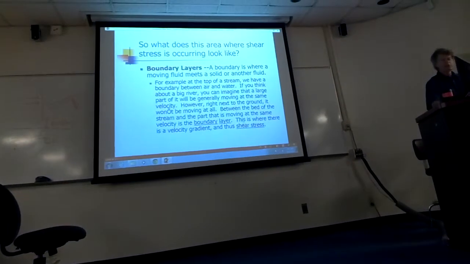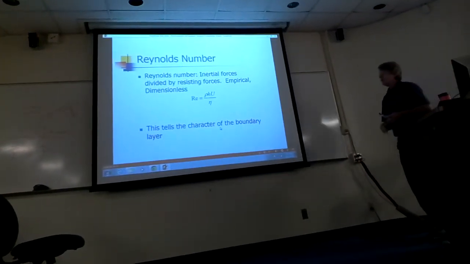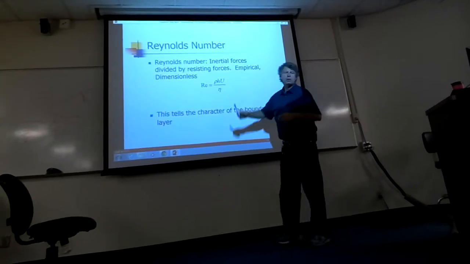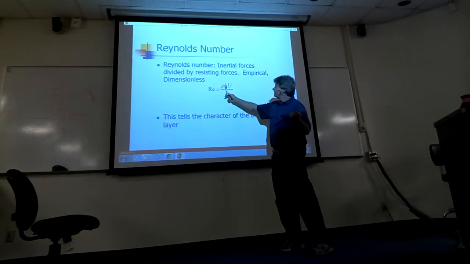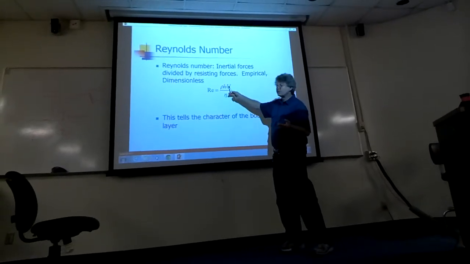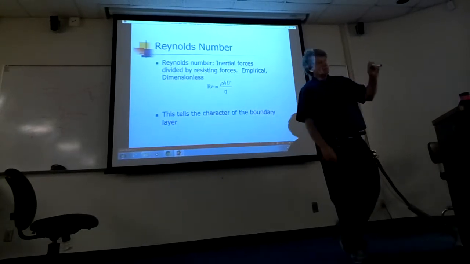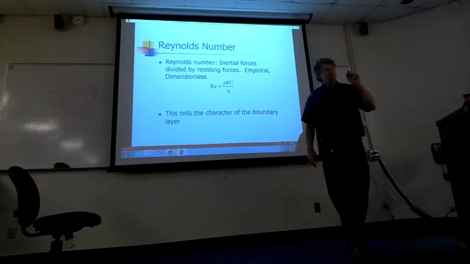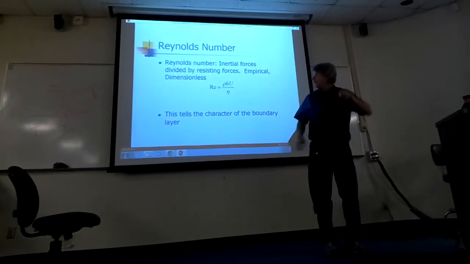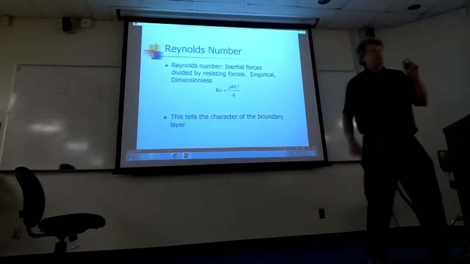He came up with an equation that related what are called the inertial forces: the density of the fluid, the depth of the fluid, and the velocity of the fluid. The higher the density, the heavier and thicker the fluid, and the faster it's flowing, the more likely it is to be turbulent.